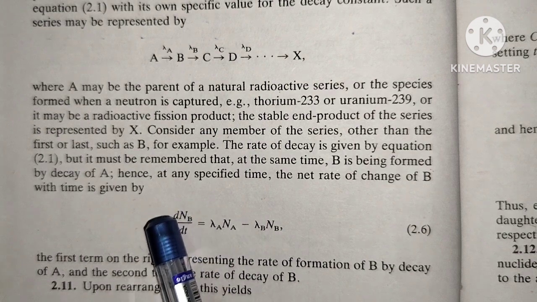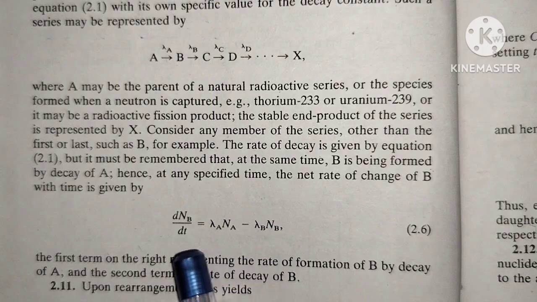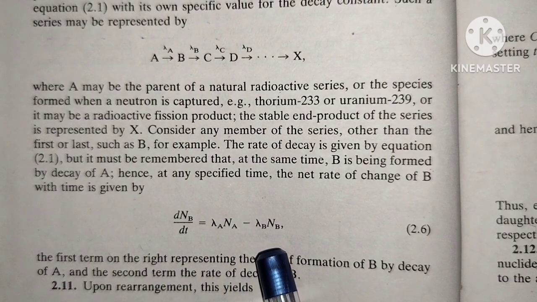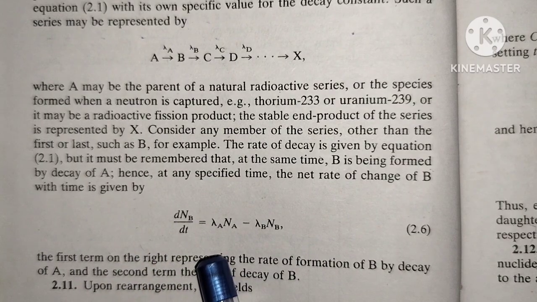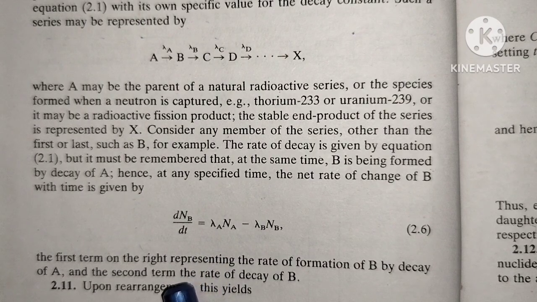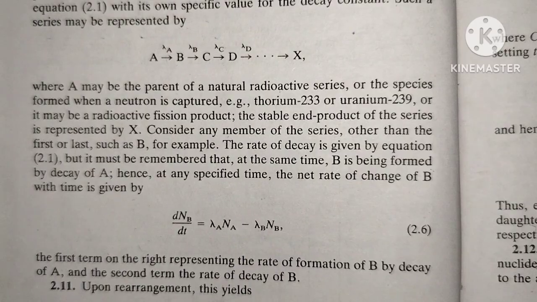If this is 0, then what will you get? 0 equal to lambda A NA minus lambda B NB. You can take this to the other side, and you will get lambda A NA equal to lambda B NB. For secular equilibrium, simply substitute this term as 0 and you will get this relation. You got it now?